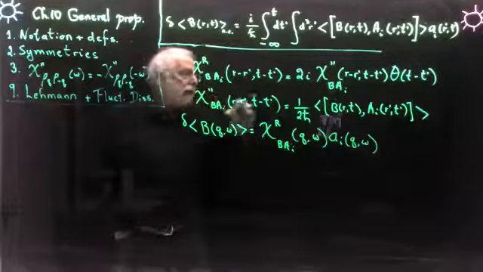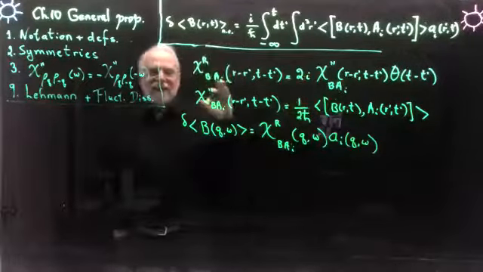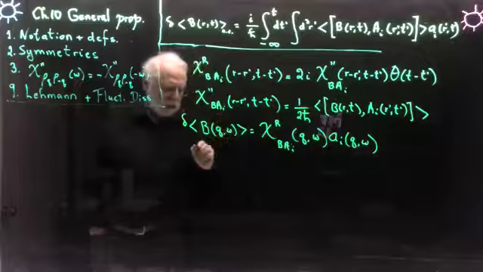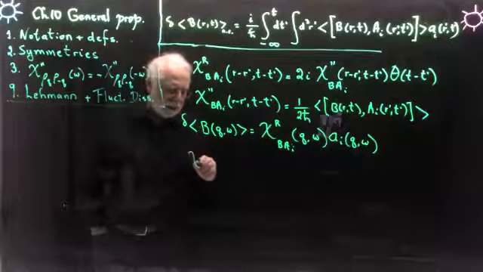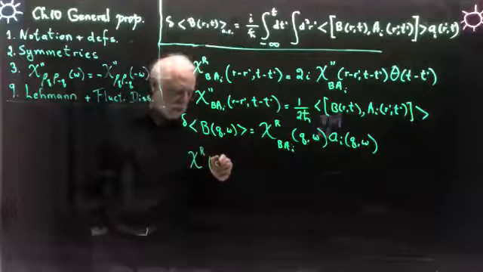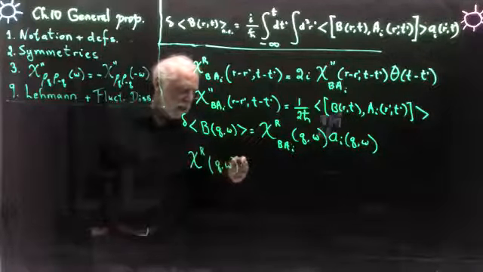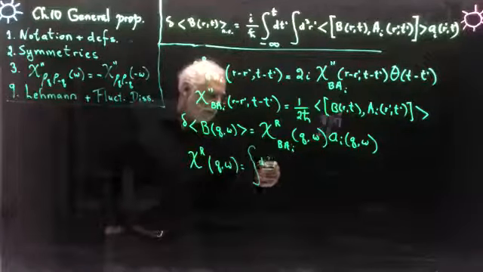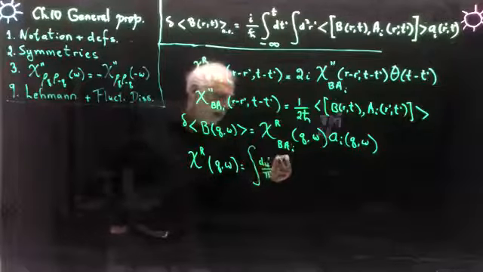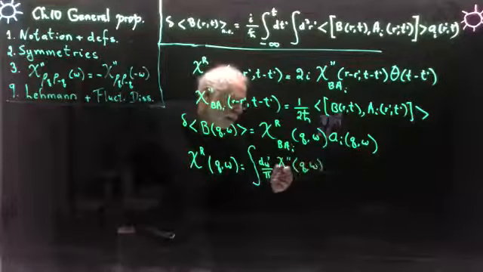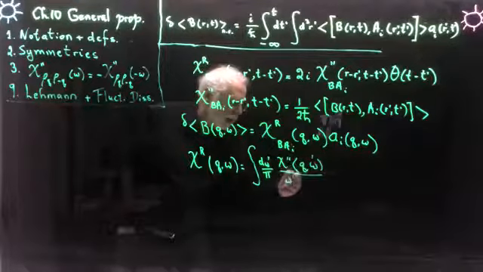Now you wonder why I made this definition. Well, I'm asking you to remember when we had the spectral representation of a retarded function, namely chi retarded of Q and omega was equal to the integral d omega prime over pi of chi double prime of Q, omega prime divided by omega prime minus omega plus i eta.